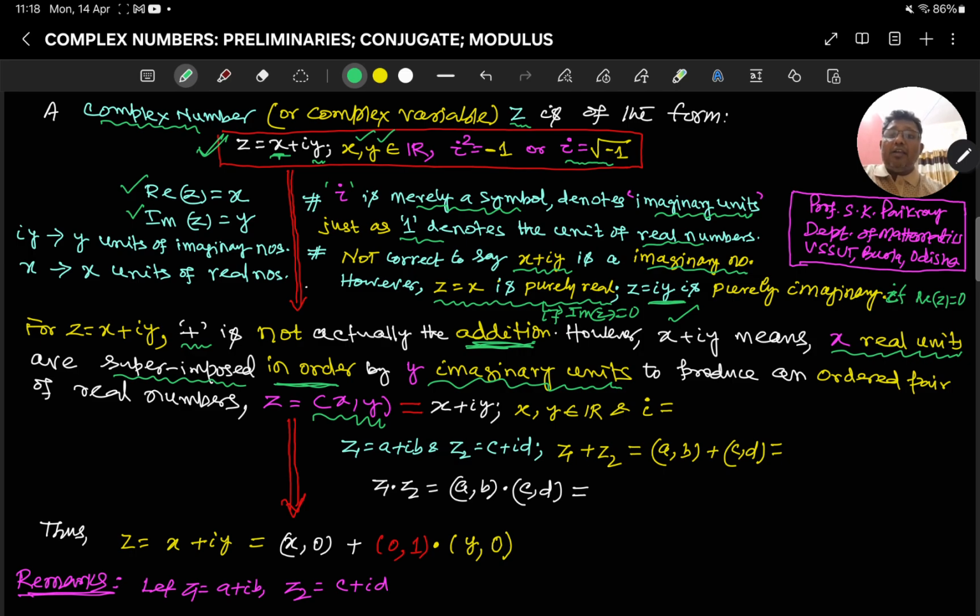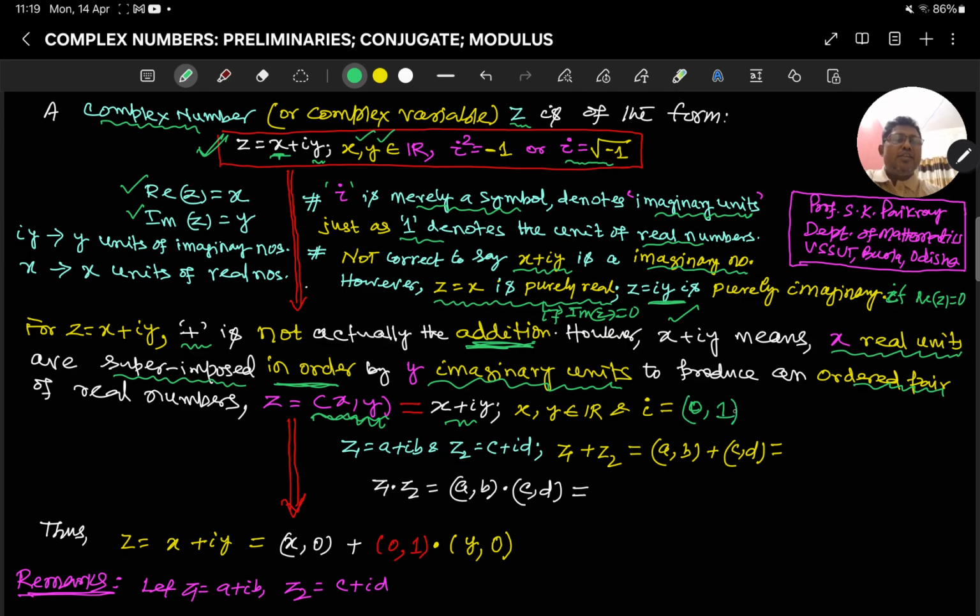How is it multiplied? This complex number can be expressed as the ordered pair of real numbers x, y, and it is equivalent to say x plus iy, where x and y are real numbers and i is the ordered pair 0, 1.